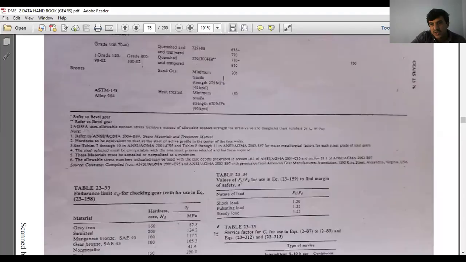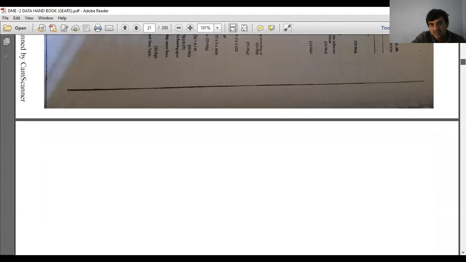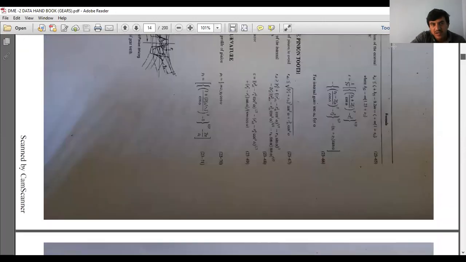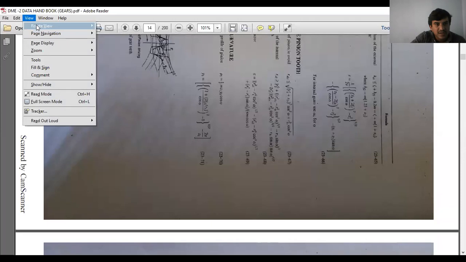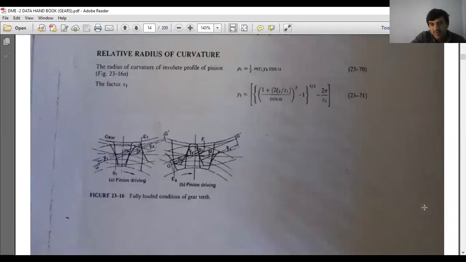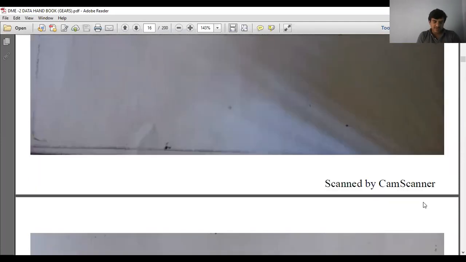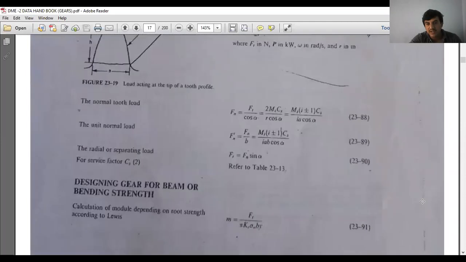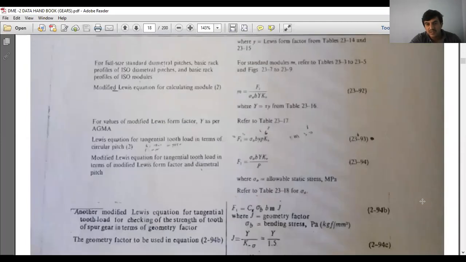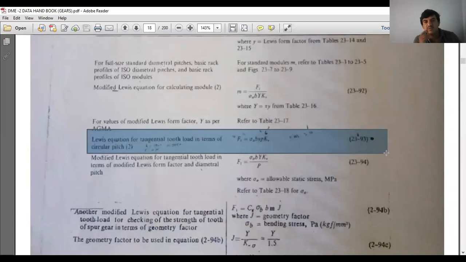Now, as you know, the tangential tooth load from Lewis equation is equation number 23.93, right? Equation number 23.93. From the Lewis equation, the tangential tooth load is Ft equal to sigma naught into b into Y T into Kv, right?